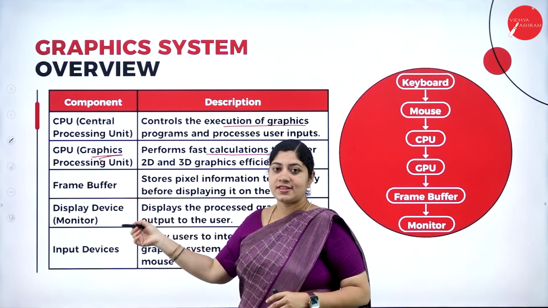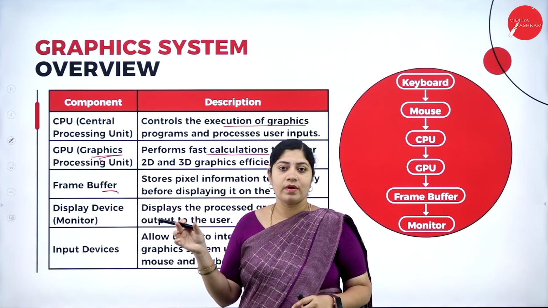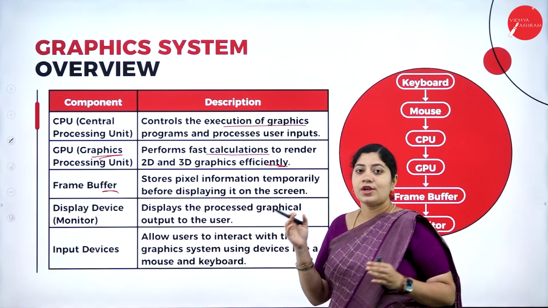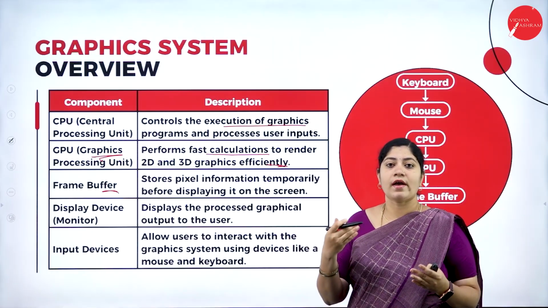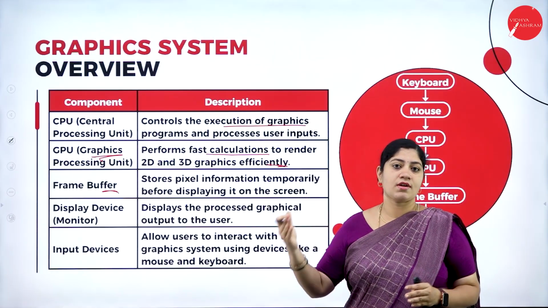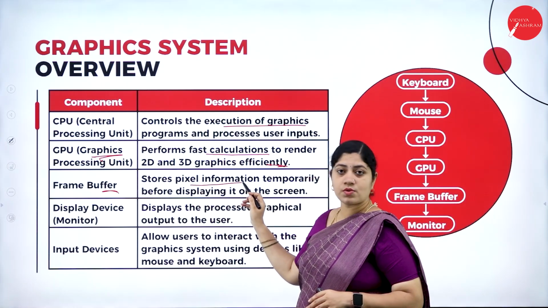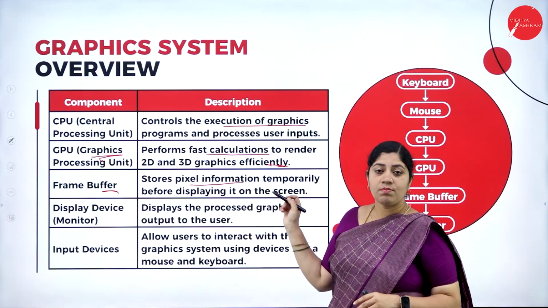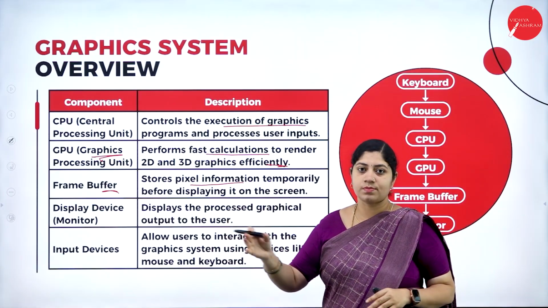All right. So let's see the next component. The next component is a frame buffer. All right. So the images are considered in the form of a frame, right? So now we have to consider a buffer within that frame. Why is it? Because it helps in storing the pixel information temporarily before displaying it to a user. Great.